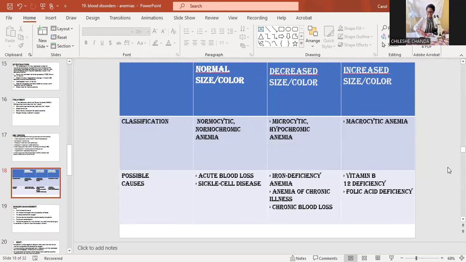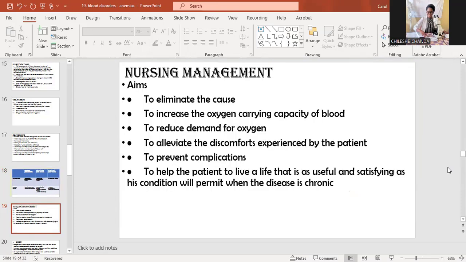You start suspecting iron deficiency. You start suspecting vitamin B12 deficiency when the patient's blood cells have become larger than normal, okay?